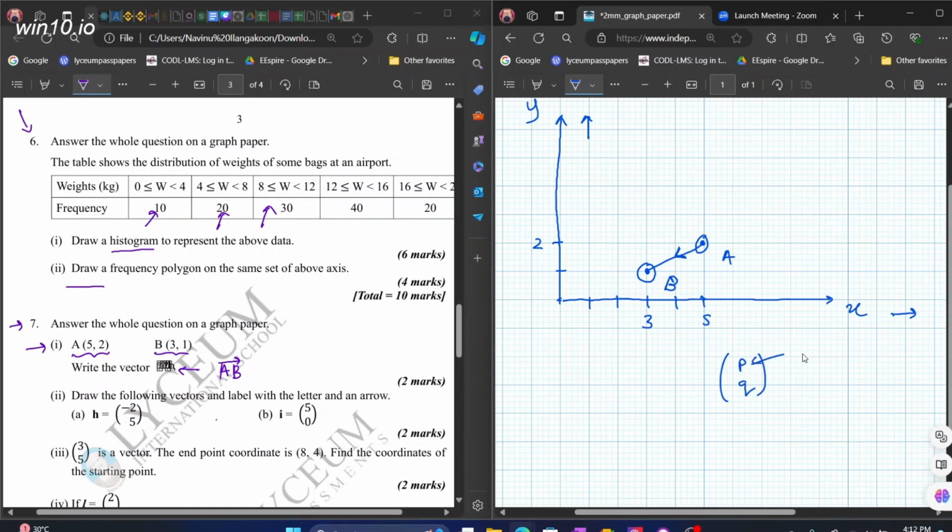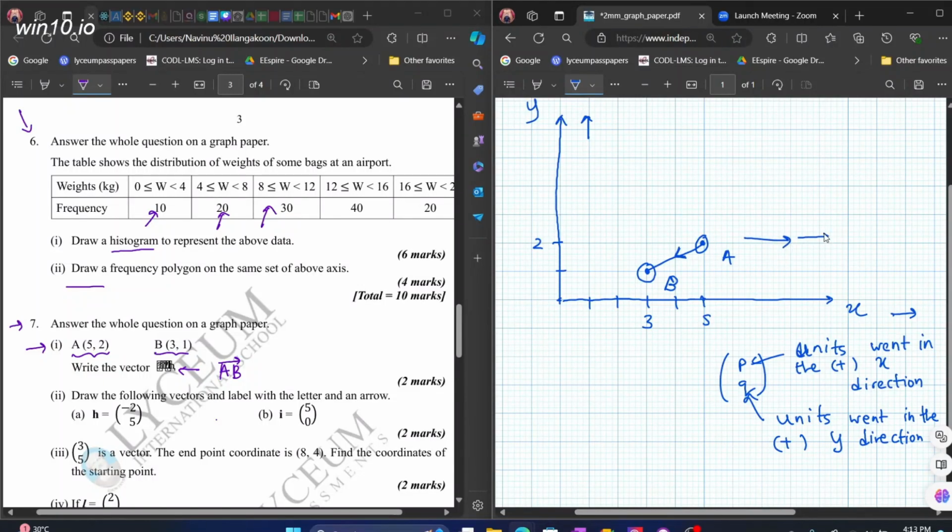So this is the units went in the positive x direction. This is the units went in the positive y direction. Okay. Then in the positive x direction, we have gone no units.